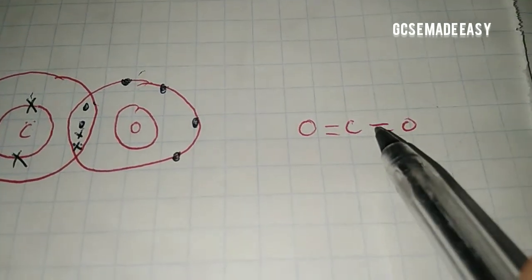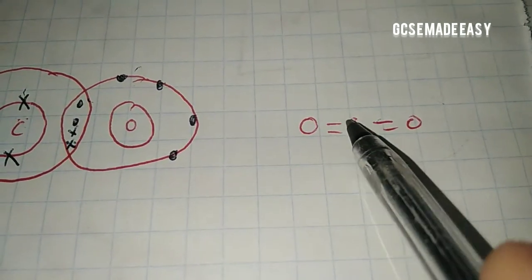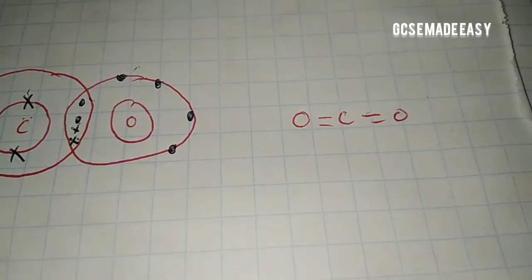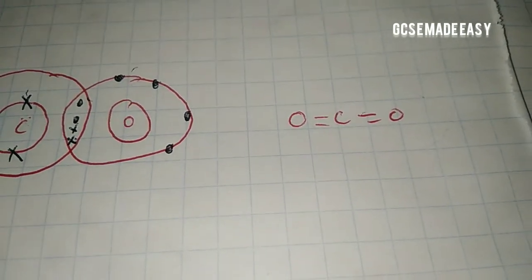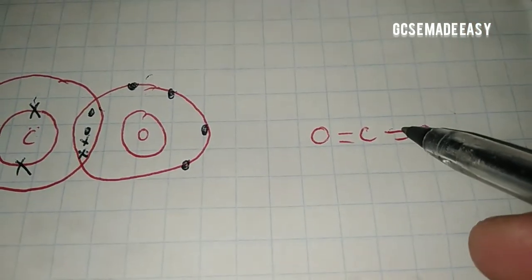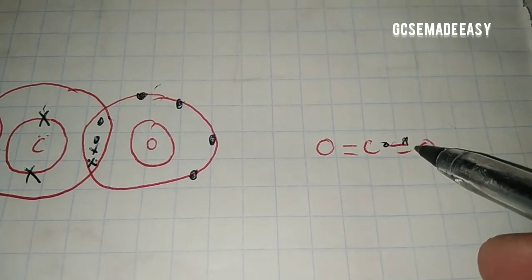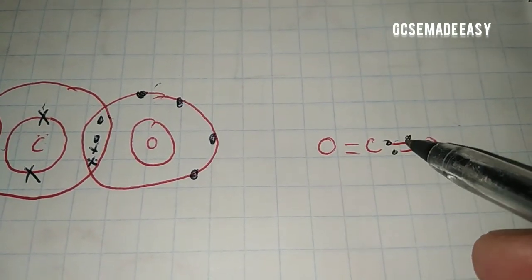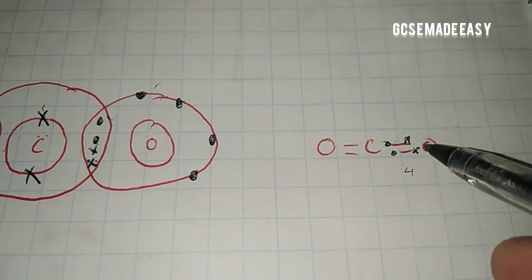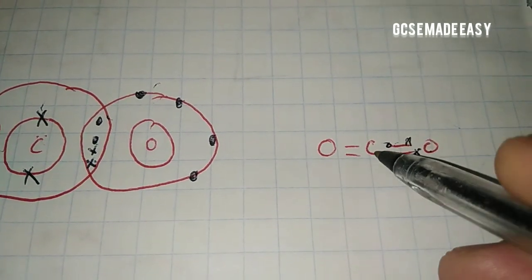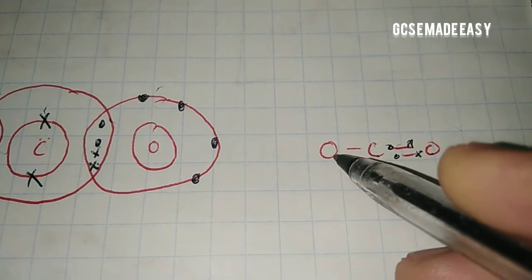Now, notice that here we have 2 bonds, 2 single bonds, which we can call a double bond. And remember that we said a single bond is made up of 2 electrons. So if we have a double bond, we have a total of 4 electrons between this oxygen and this carbon. The same thing with this one.